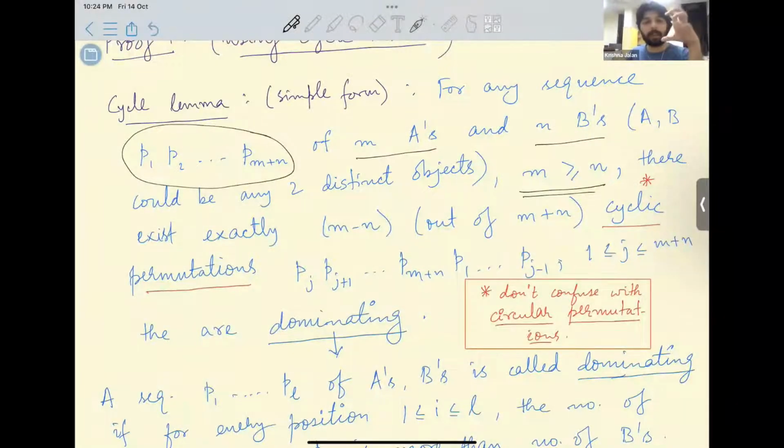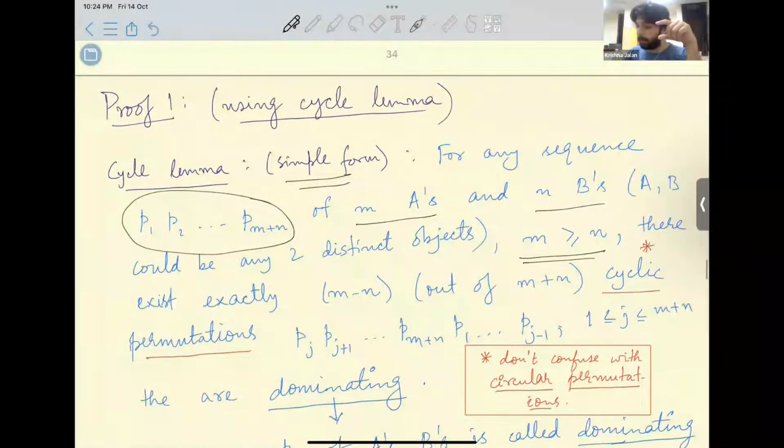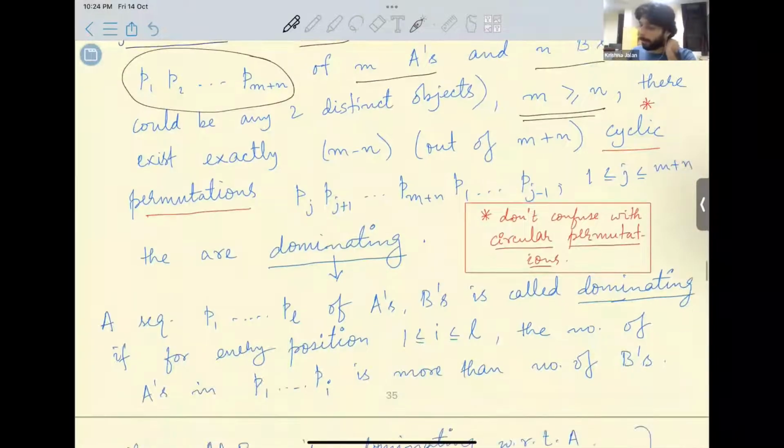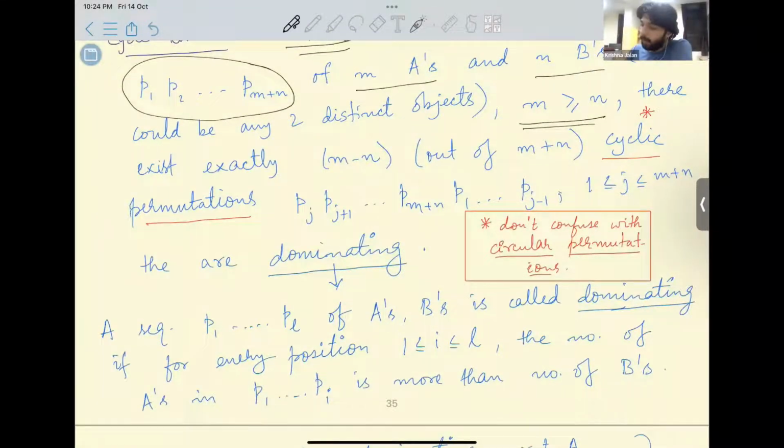I'm using a simple form here. In general, it can happen that m is greater than or equal to kn, for some positive integer k.